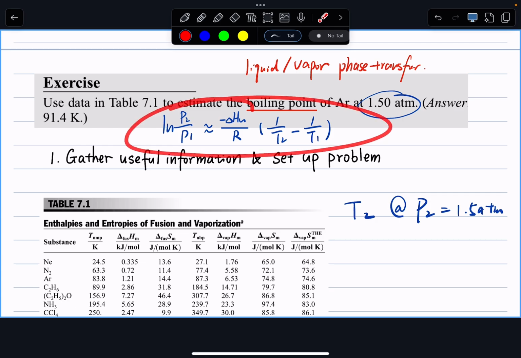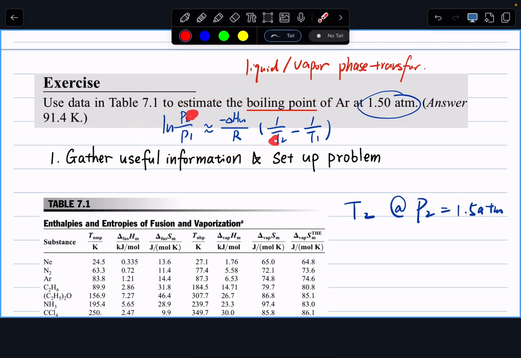Reading the table, if I know P2 and want to solve for T2, there are a few things I need to read from the table, like my T1, P1 pair. That can be my normal boiling point. We're looking for argon, and a normal boiling point. Okay, so that's here.